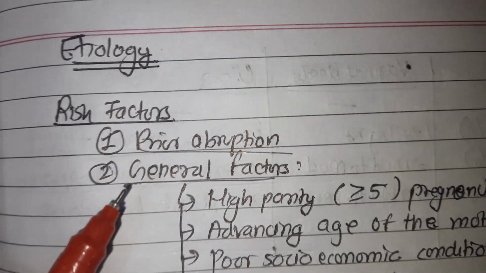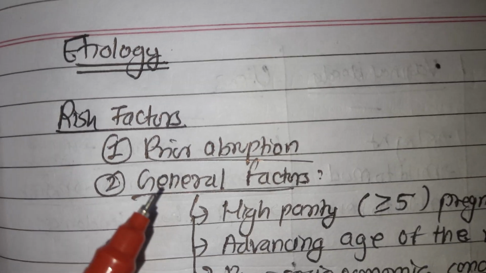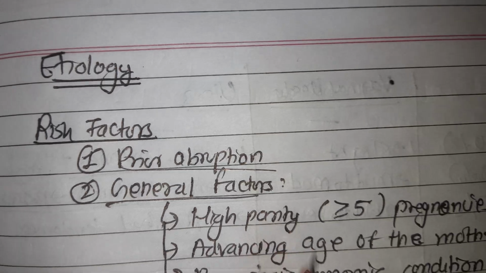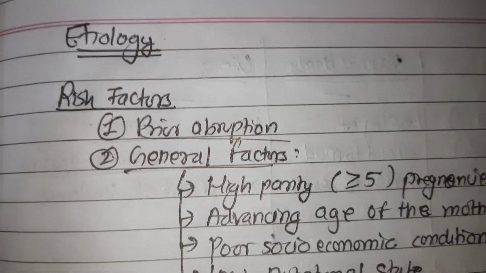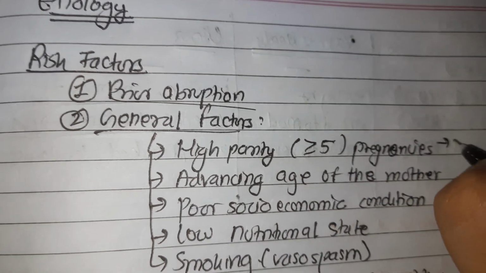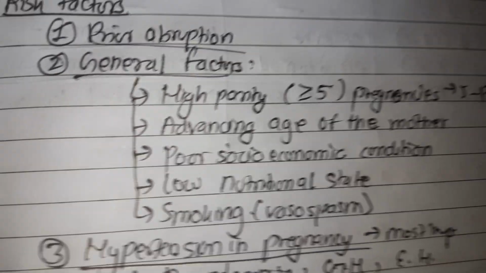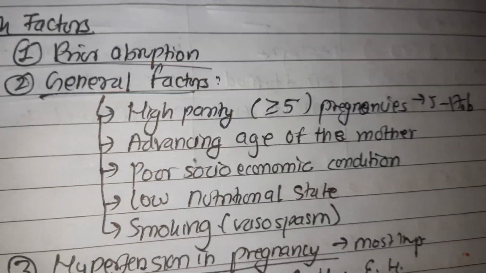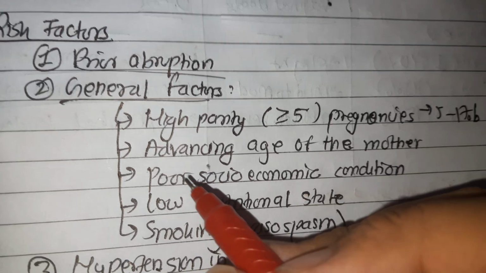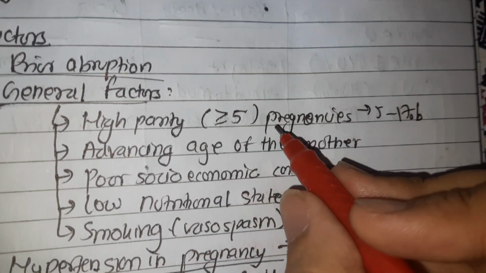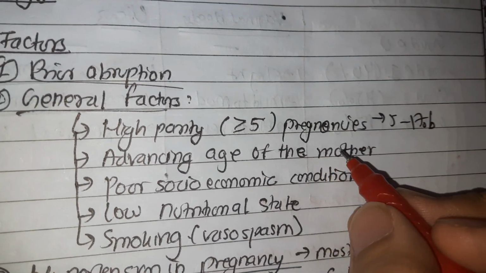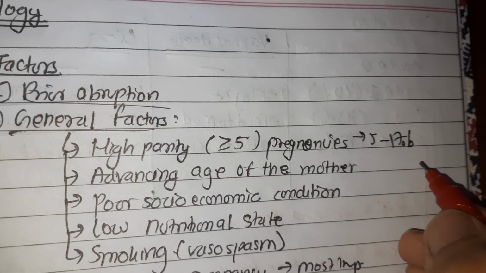The various risk factors might be there, like prior abruption. The risk of recurrence is around 5 to 17%.